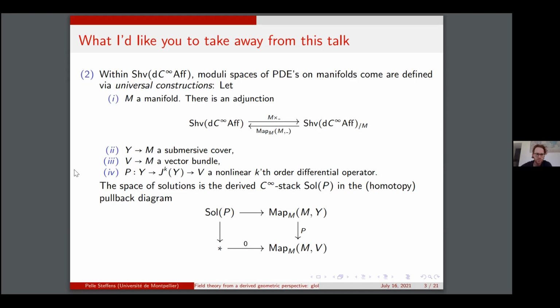So instead of the point star in the lower left corner, when you have symmetries acting, you should also probably take the... yeah, you're absolutely right. If you have symmetries, this space down here would have to somehow be invariant for this action.